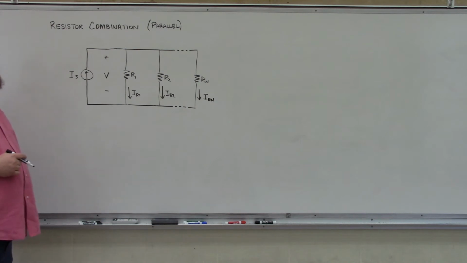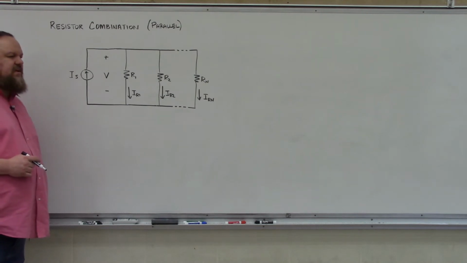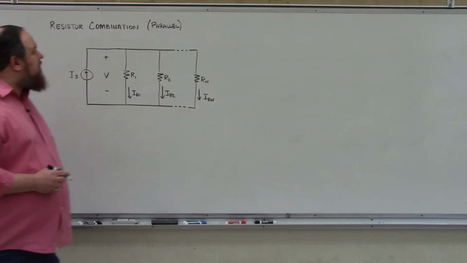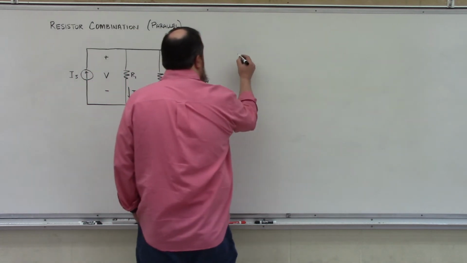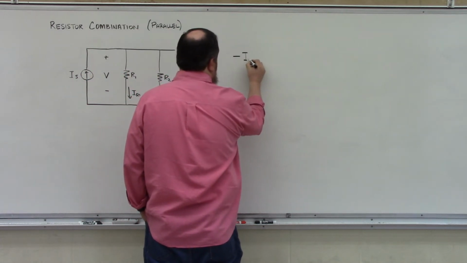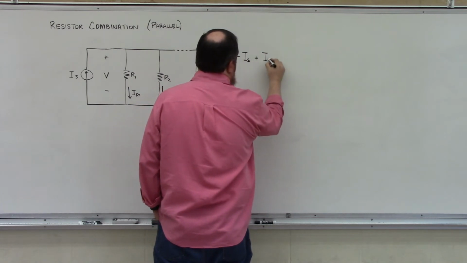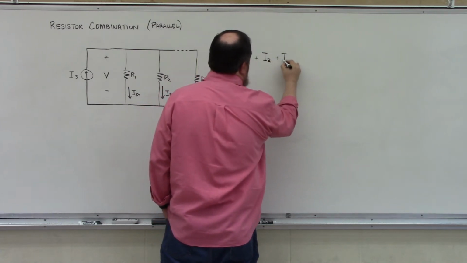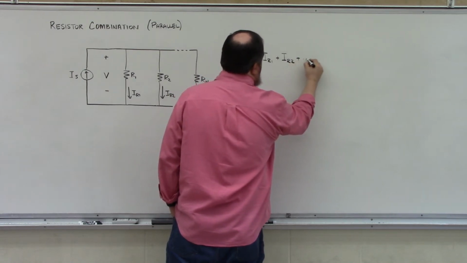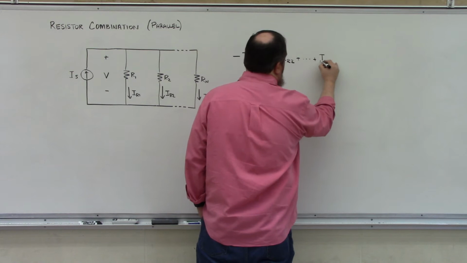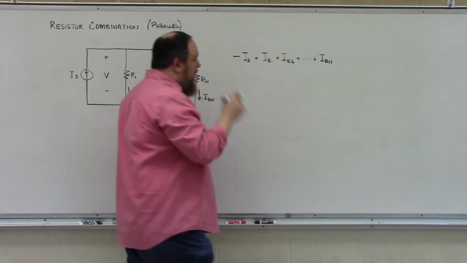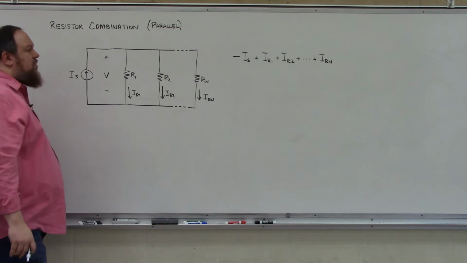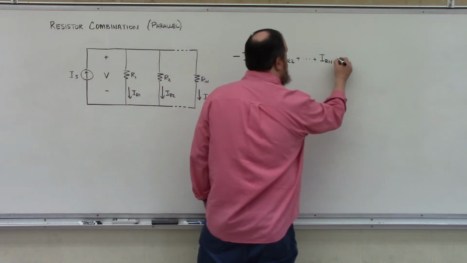Now, I'm going to write a Kirchhoff's current law equation where I am going to say that the currents that are exiting the top node are positive and the currents that are entering the top node are negative. So my KCL equation should look like negative IS plus IR1 plus IR2 plus IRN is equal to 0.